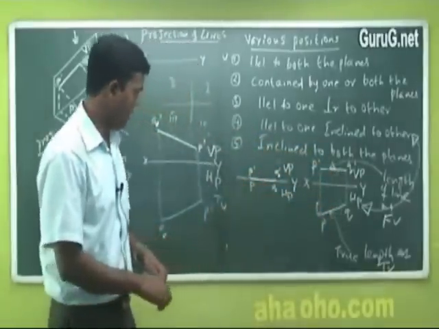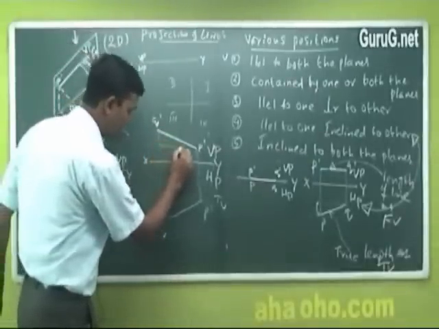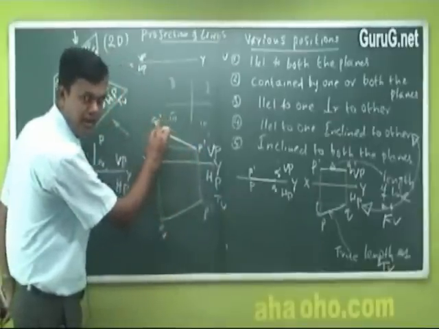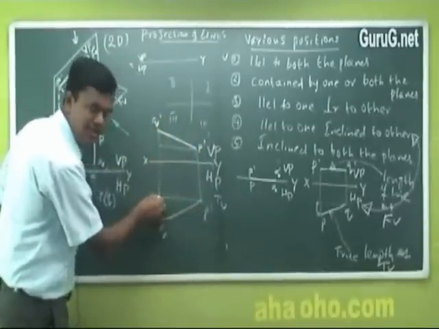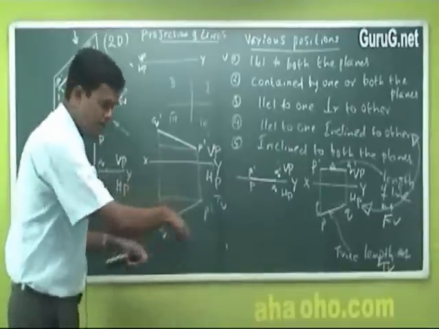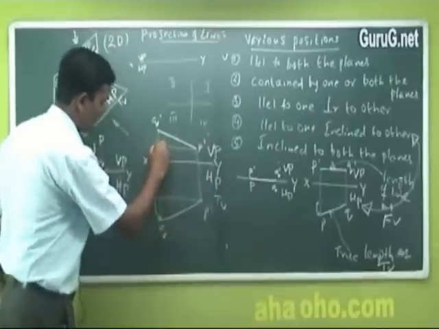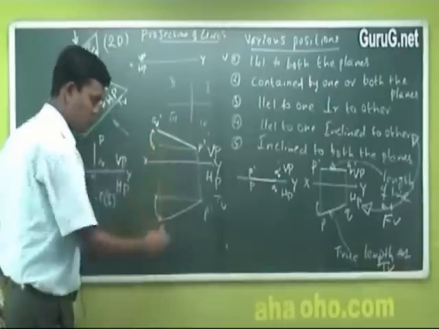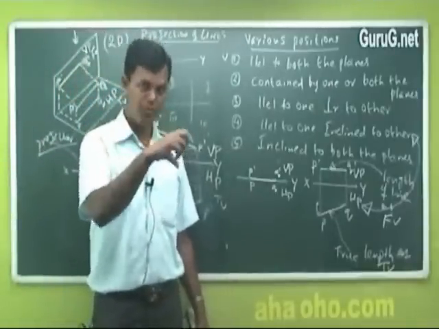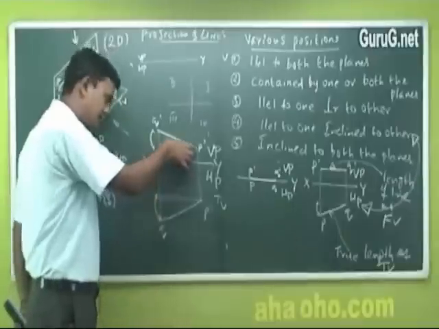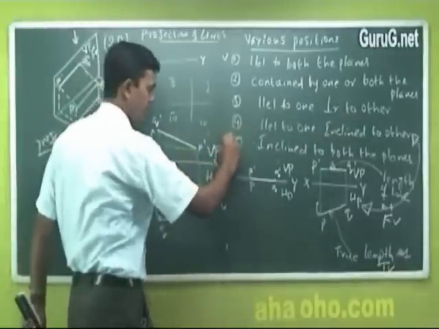But actually, this line has to be kept straight first, then inclined. So you have a set of procedures to bring a line from a straight position to an inclined position. That is option number 5.